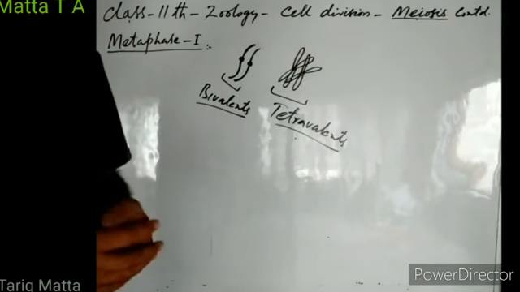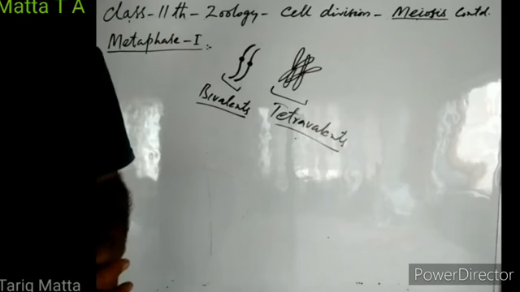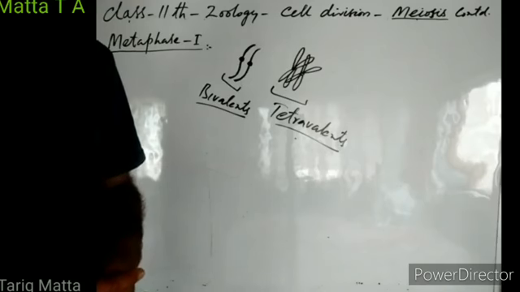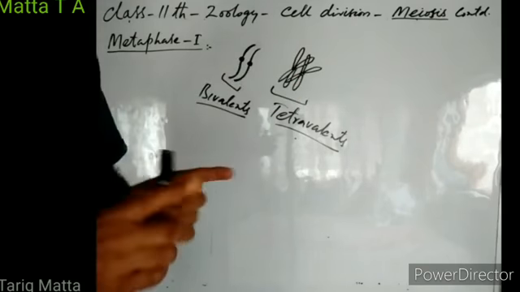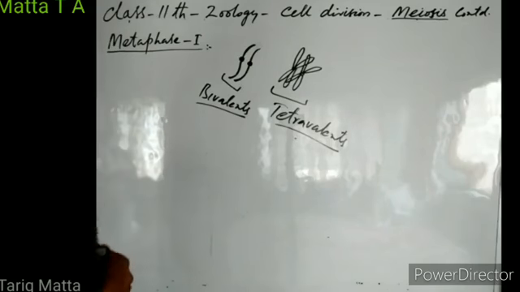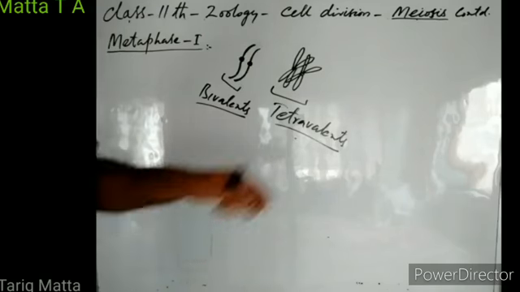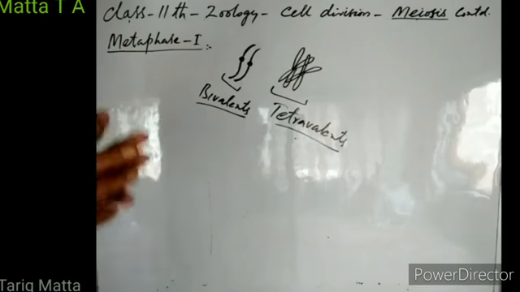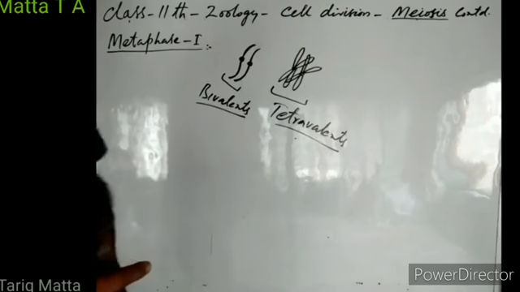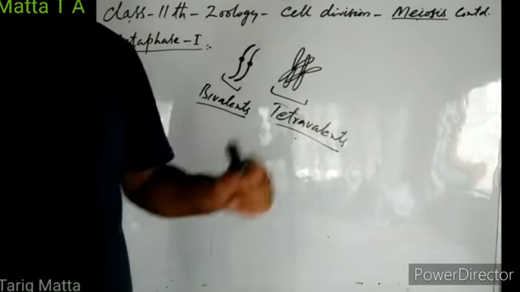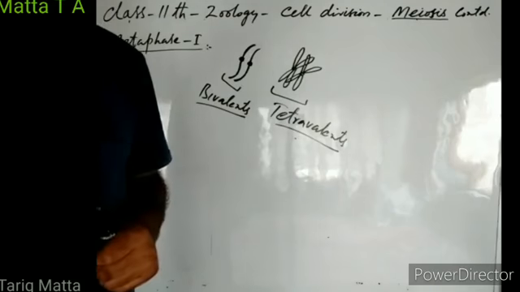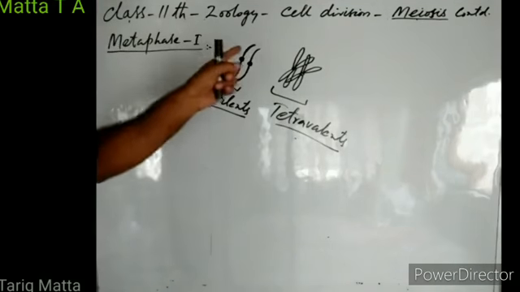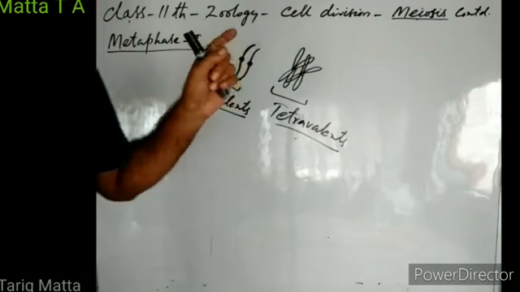Then pachynemia is followed by diplonema or diplotene. In diplonema or diplotene, these homologous chromosomes start moving away from each other, and the centrosomes have almost reached the two opposite poles of the cell. So centrosomes are continuing their spindle formation. We have discussed it yesterday. Then the last phase of prophase first is known as the diakinesis phase.